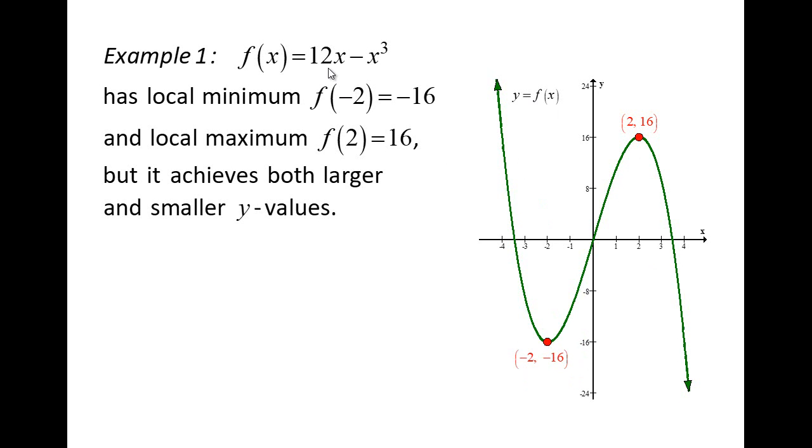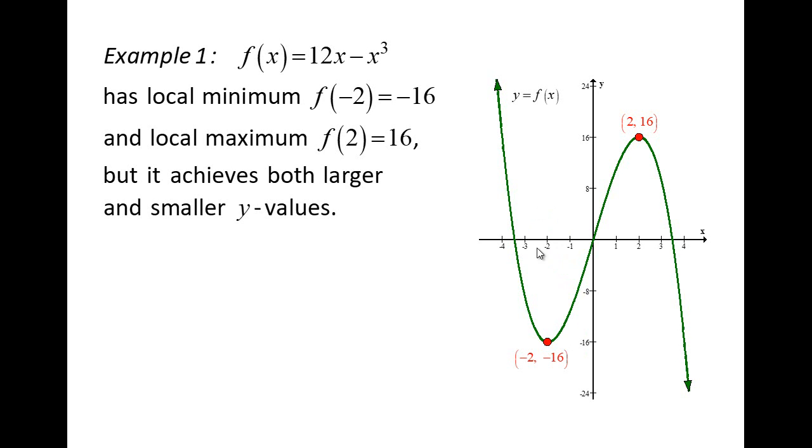Now, the function f has a local minimum at negative 2, and the reason is you can see that there is an open interval centered at negative 2 where f of negative 2 is the lowest value of f. Once again, f of negative 2, which is negative 16, is the least value of f in some open interval centered at negative 2.